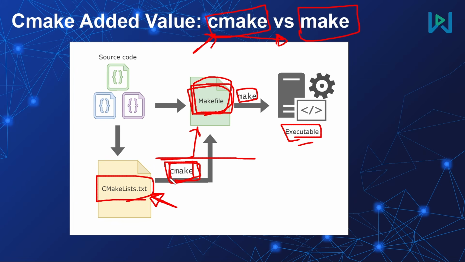The CMake, based on the different inputs that have been given, including, by the way, which build tool to be used to compile. So we can use Make or Ninja, and Ninja is another build tool similar to Make.